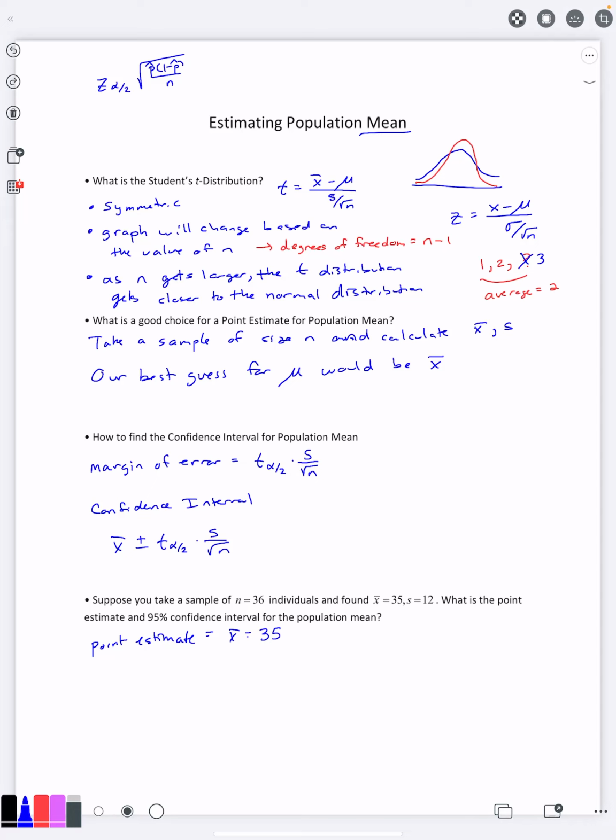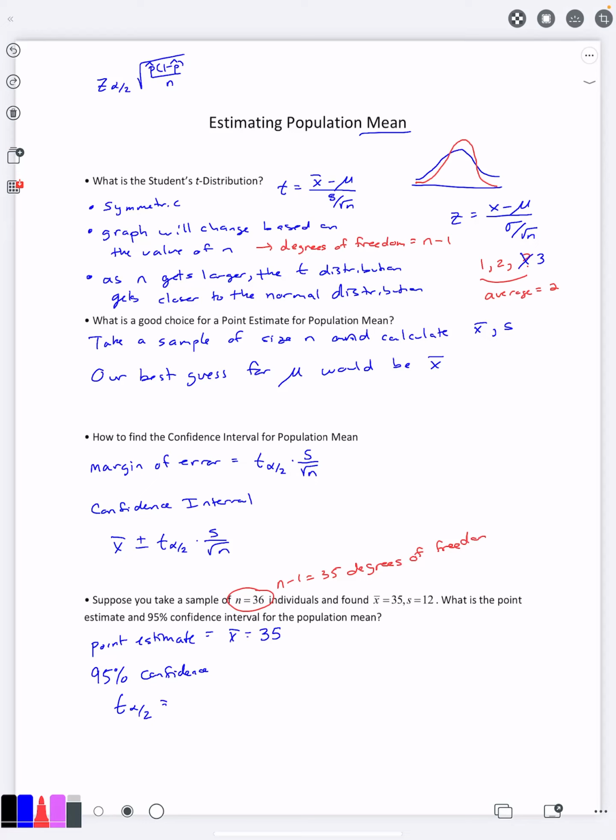Now to make our confidence interval, we need to figure out that t value. And so for 95% confidence, I'm going to look that up in my table, and I have to look at 35 degrees of freedom, because in the table they have a degrees of freedom column that you're looking at.